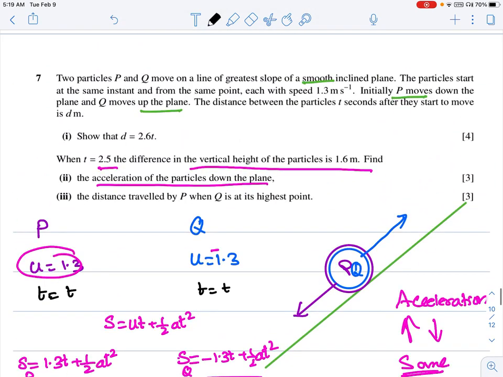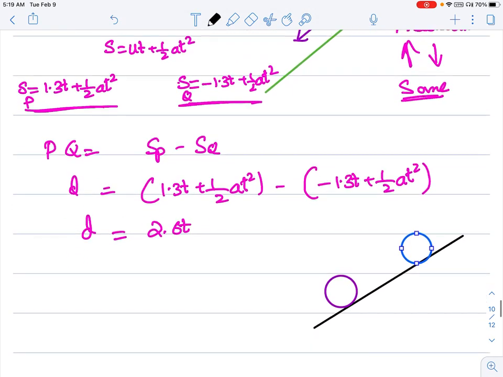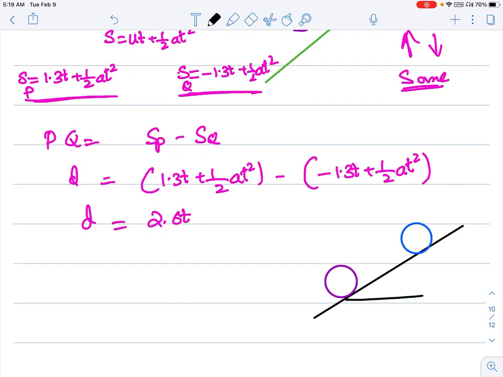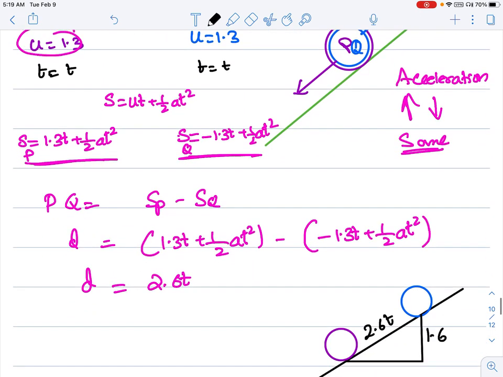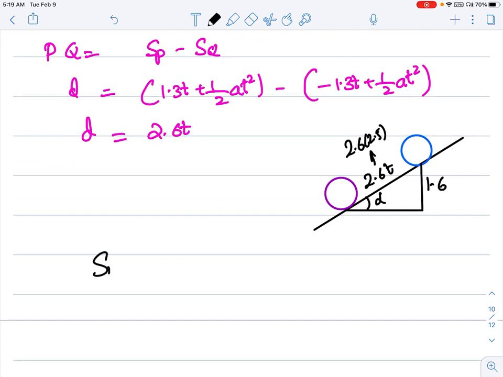It is told that the vertical height between the particles is 1.6. This vertical height is 1.6, and this distance was 2.6t, right? And t is 2.5, so this distance will become 2.6 times 2.5. So I'm going to find the angle alpha. Sine alpha is equal to opposite side by hypotenuse, which is 1.6 over 2.6 times 2.5. I got the value of sine alpha.